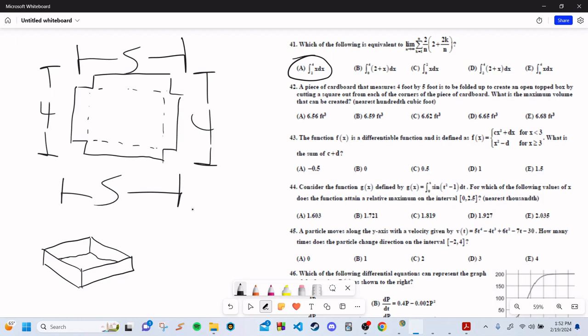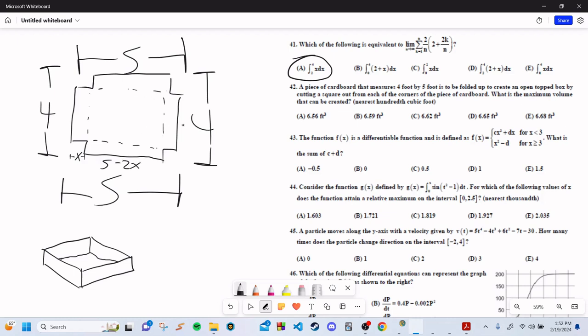And so we want to know what the maximum volume that can be created from this 5 by 4 is. Okay, so this is an optimization problem. So here's how we'll solve it. Let's call the length of the square piece that we take out x. So then this length is 5 minus 2x.